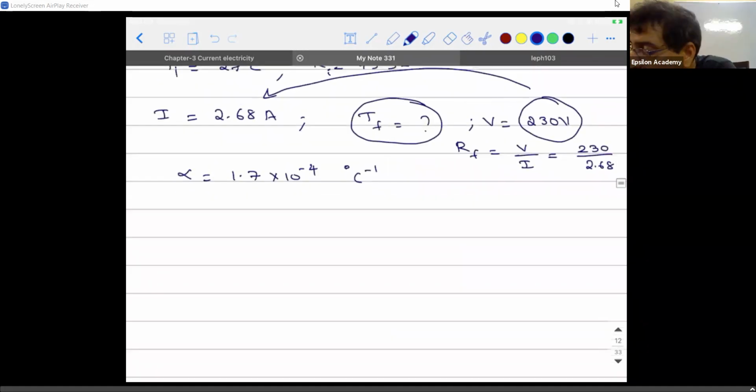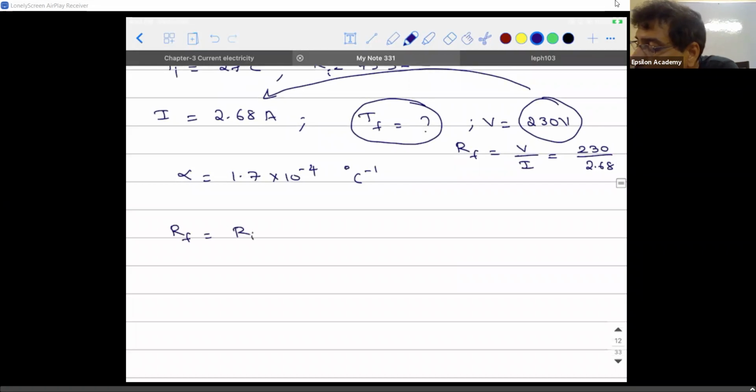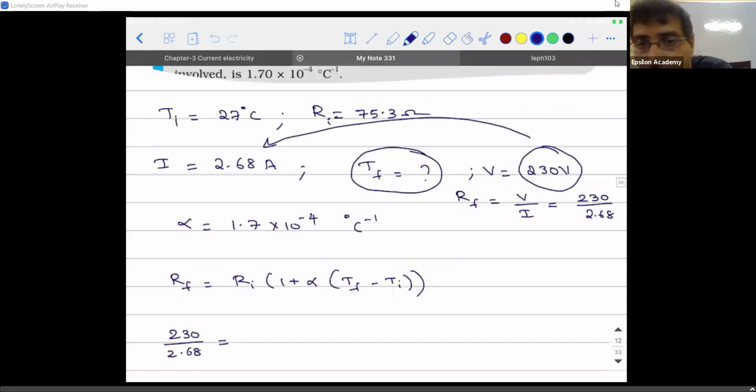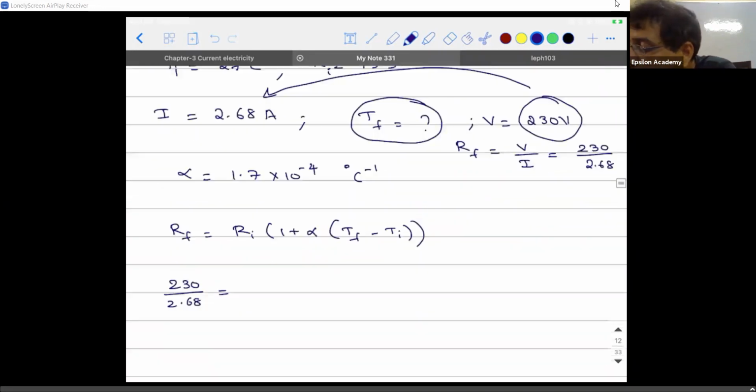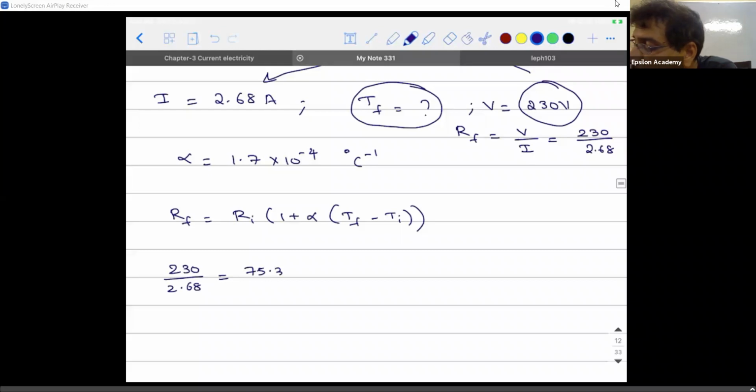Now apply the formula. RF is equal to Ri into 1 plus alpha into, instead of delta T, I am writing it as T final minus T initial. So what is RF? 230 divided by 2.68 is equal to R initial, which is 75.3, into 1 plus alpha, 1.7 into 10 power minus 4, into T final minus 27.